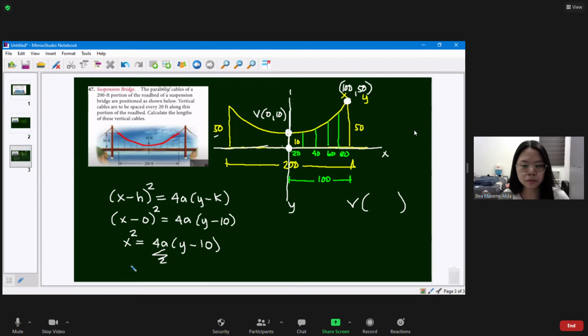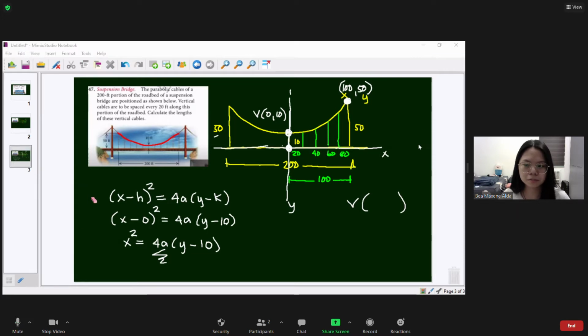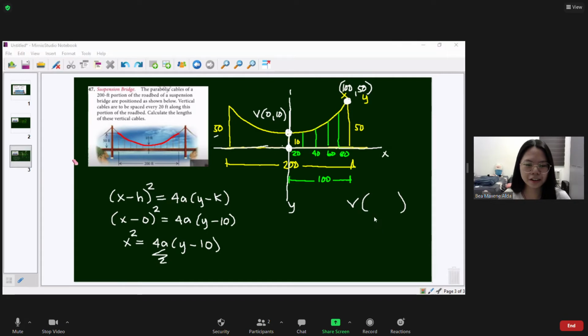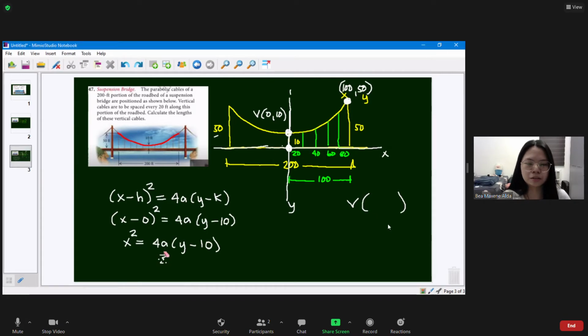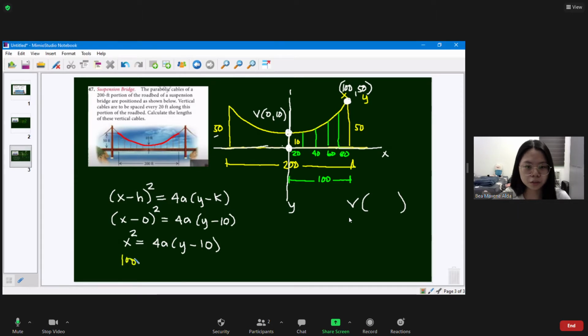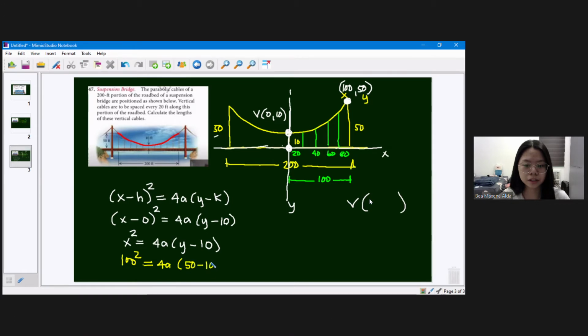That would be 100 squared is equal to 4a times the quantity of 50 minus 10, right?